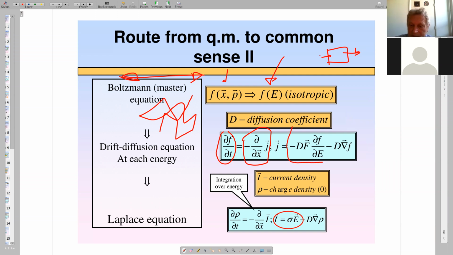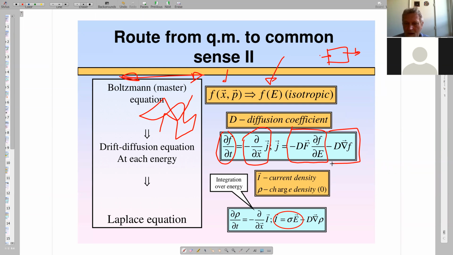First part is the drift. We have force which acts on a particle, and there's some flow related to this. Another term is diffusion. In this case, the flow is proportional to gradient of the filling factor, of the density of particles at given energy.